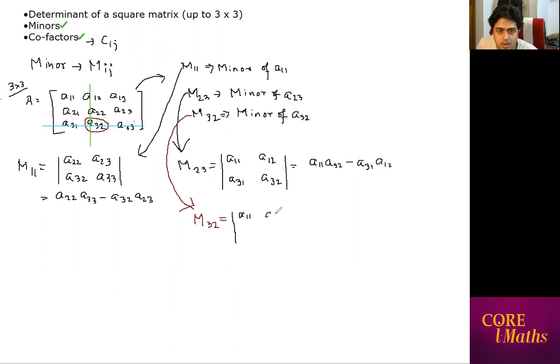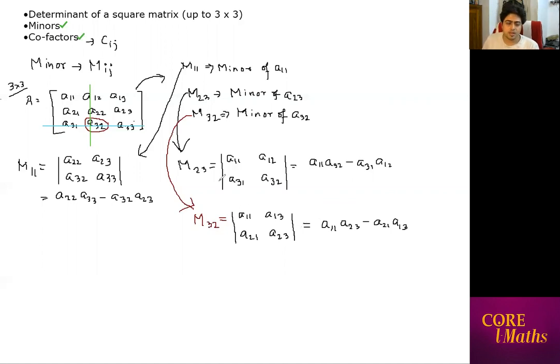A11, A13, A21, and A23. Right? So from the concept of 2 cross 2 order, you can easily apply the crisscross rule, and you will find A11 A23 minus A21 into A13.